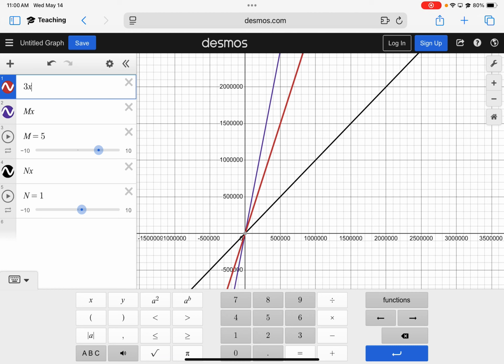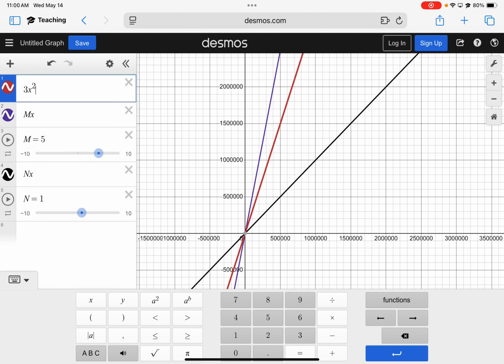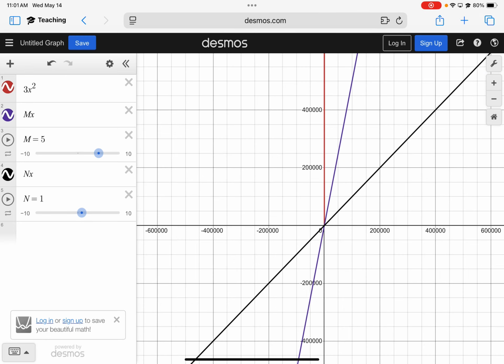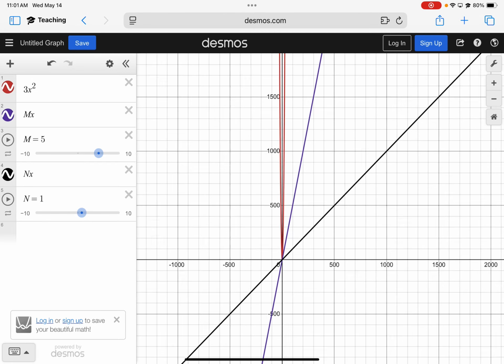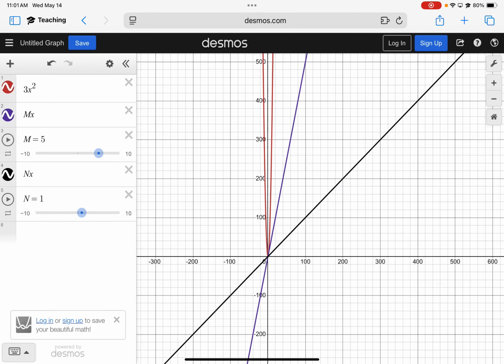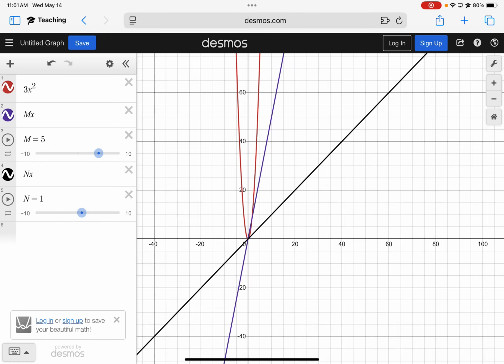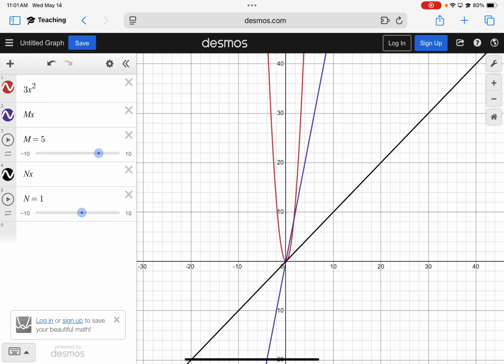Now let's try something that is not in big theta of x. Let's say x squared. So it's really easy to find a multiple of x such that 3x squared is greater than x. We're just going to keep n at 1 still.